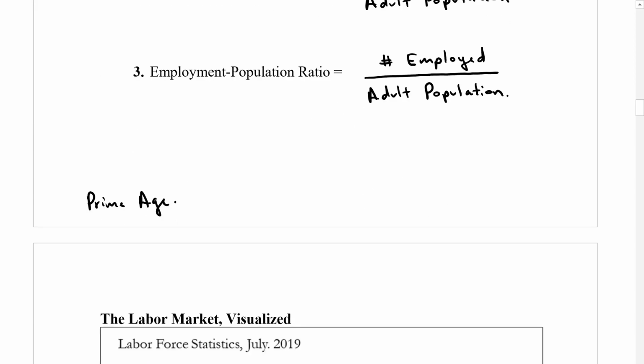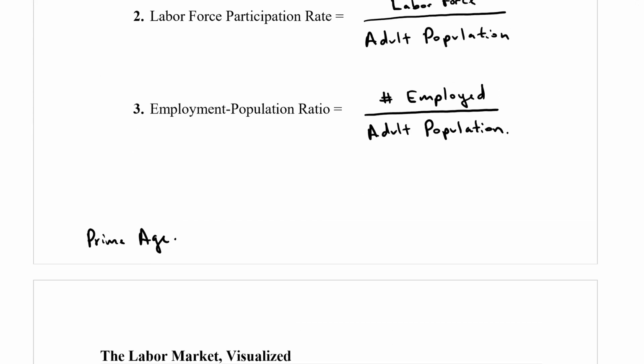But I do want to note that another way that people measure these unemployment statistics is by looking at the prime age population. And those are people between the ages of 25 through 54. Because we would expect that most people within this population are done with full-time schooling, and most of them have not yet retired.